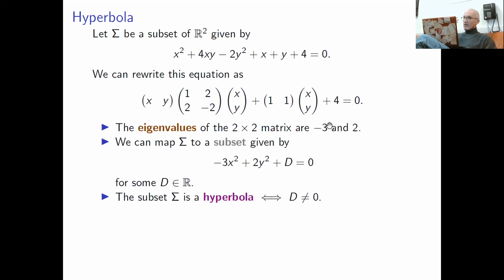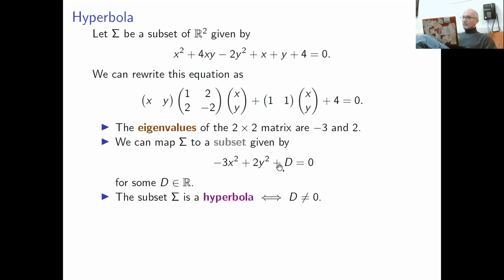But if you remember the proof of the classification theorem, we proved that after rotation and then translation, the equation of the curve is going to look like this: first eigenvalue times x squared, second eigenvalue times y squared, plus some number d.